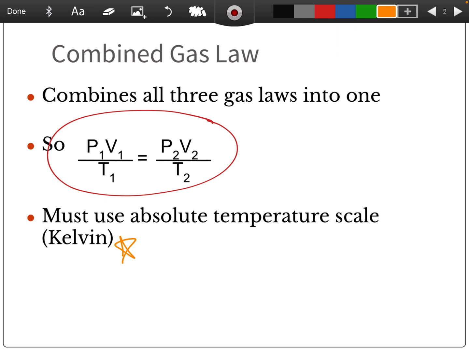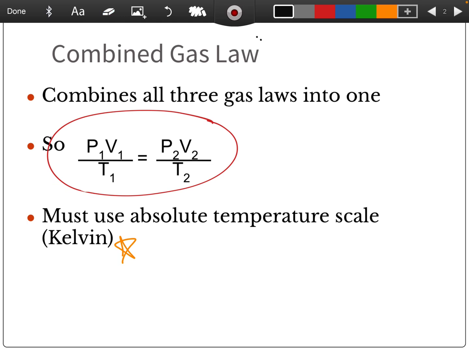If you look at the equation for the combined gas law, you can actually use this for all three previous laws. If you're reading a problem and it only mentions pressure and volume, but doesn't say anything about temperature, you just leave out temperature, and there's Boyle's law.